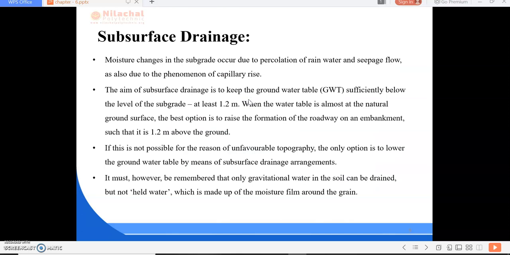The stability of the road surface depends upon the strength of the subgrade, that means our soil subgrade. In previous classes I have told you that the soil subgrade is the most important thing, because when we are constructing a building, the foundation is the most important part of the structure.